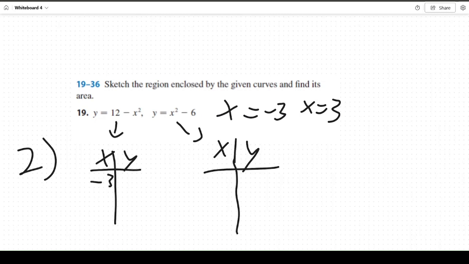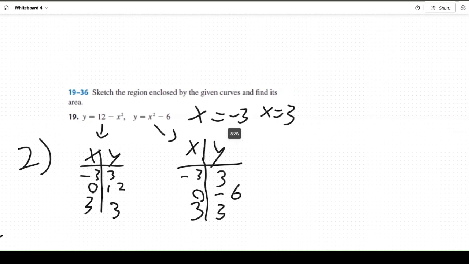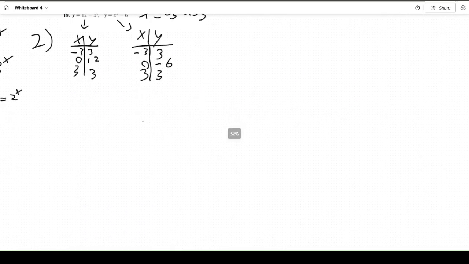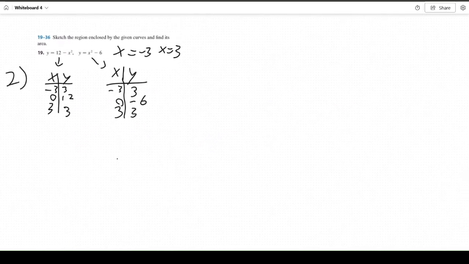I would say put -3, 0, and 3 because those are going to be the easiest. Plug in the values into the x values. So here we have our y values, and now we are going to graph it.